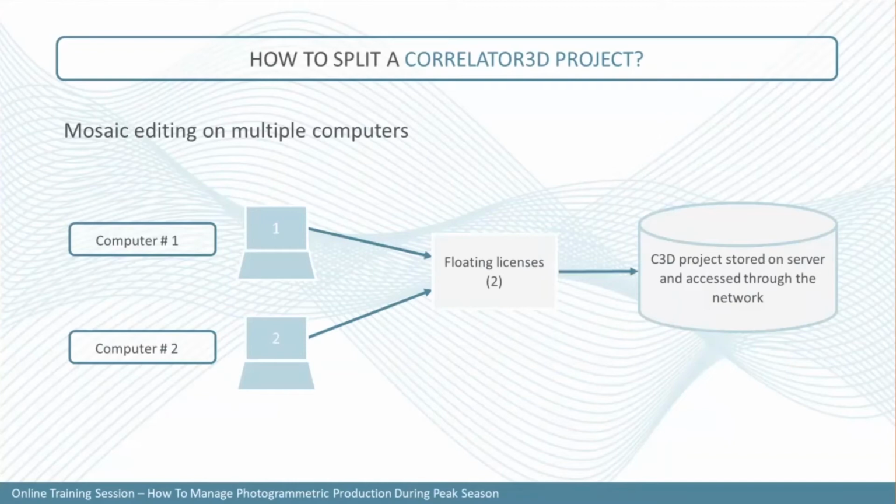If your project is stored, let's say, on a server accessible by more than one computer, computer number one can select one block of the mosaic and edit the seamline, and at the same time computer two can select another block and edit the seamline of this other block. So this way, you'll have a faster seamline editing approach. If you have some tight deadlines, sometimes it can be a good way to manage such a project.